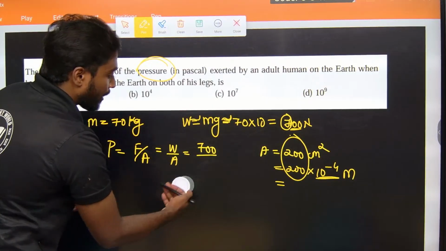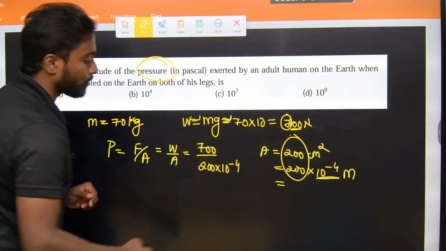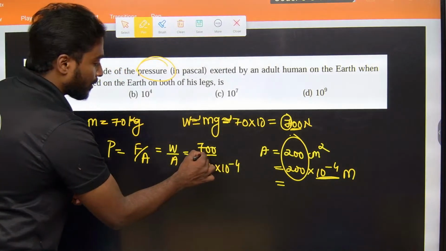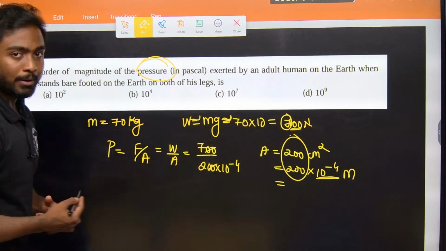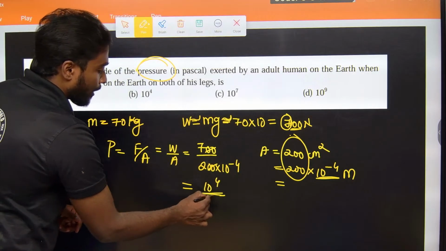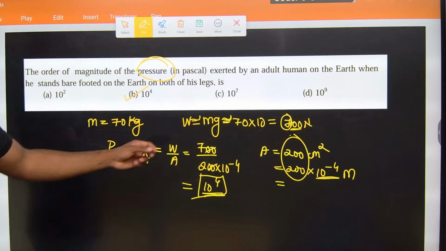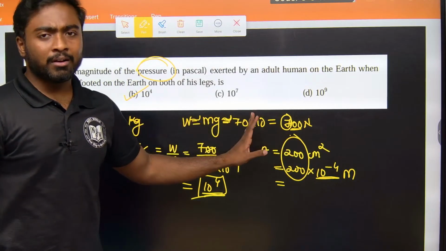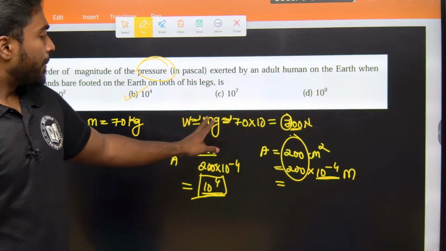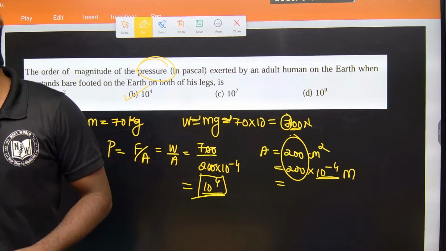So I'll take 200 into 10 power minus 4. So this 0 will get cancelled off. So 10 power 4 will be the magnitude. Option B. You can consider any number, but the magnitude of the power is what they are asking, that's it.